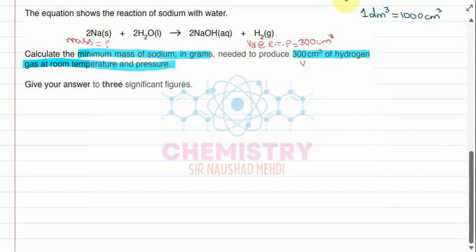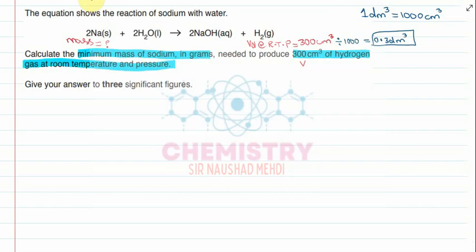So if I divide 300 by 1000, because you want to convert cm³ into dm³, you'll be getting the volume, which is 0.3 dm³. So 0.3 dm³ is the volume of hydrogen gas at RTP which is given in the question.